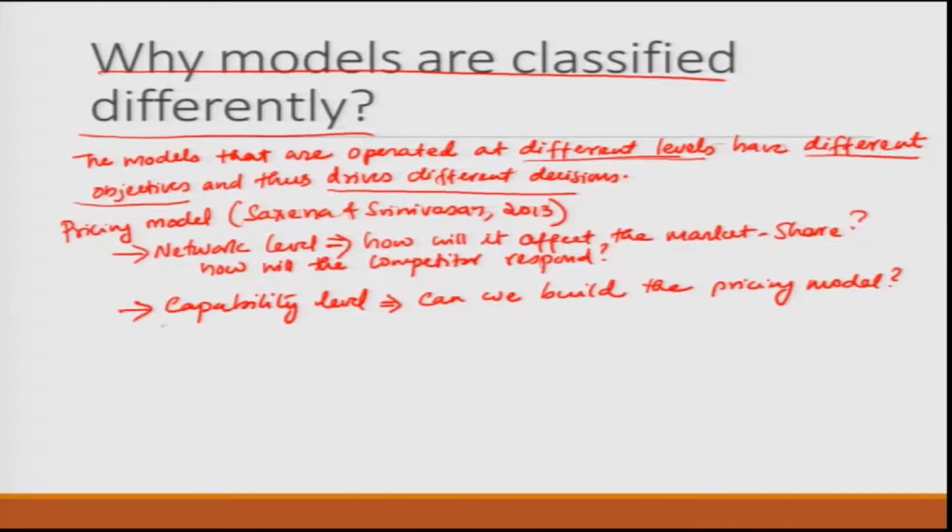If we do not have that capability, what do we need to do to build that capability? So, we said okay fine, we want to have a pricing model built to predict or to increase or decrease the price of the car. Then do we have that capability? If not, what do we need to do to build that capability?